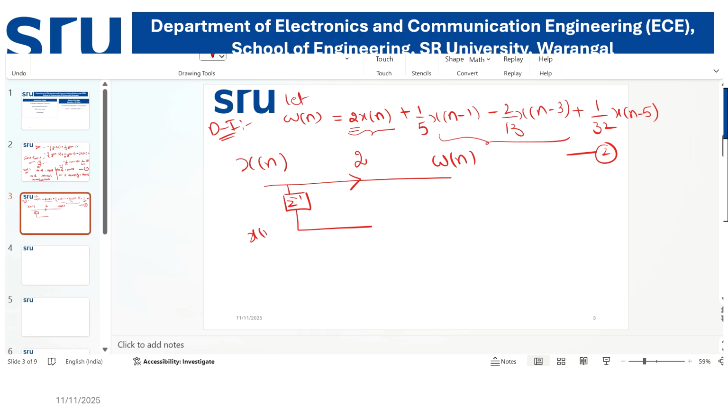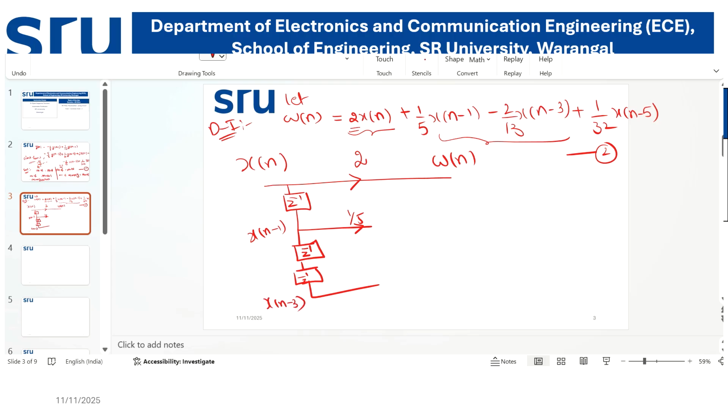So it will produce x of n minus 1, with coefficient 1 by 5. Again, to generate x of n minus 3, this x of n minus 1, from the delay property, has to go through 2 more delays. So you can write z power minus 1 in series with z power minus 1, or here itself make it z power minus 2. So 2 delay elements produce x of n minus 3.